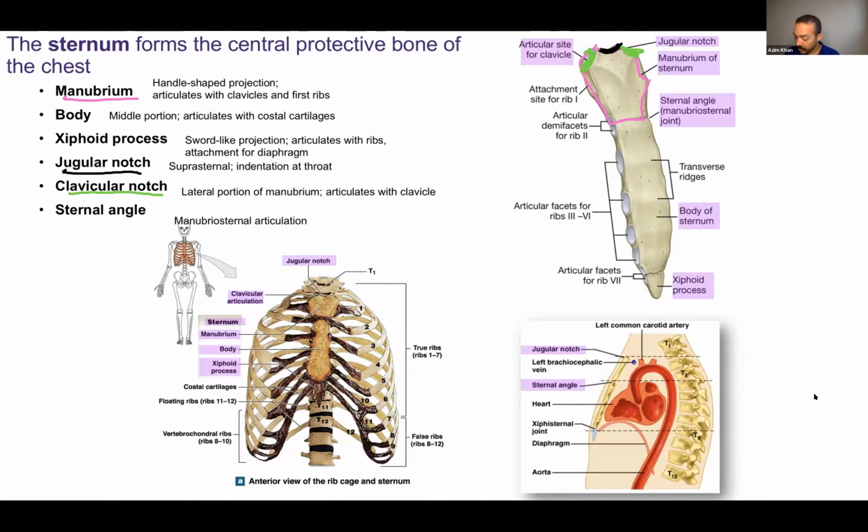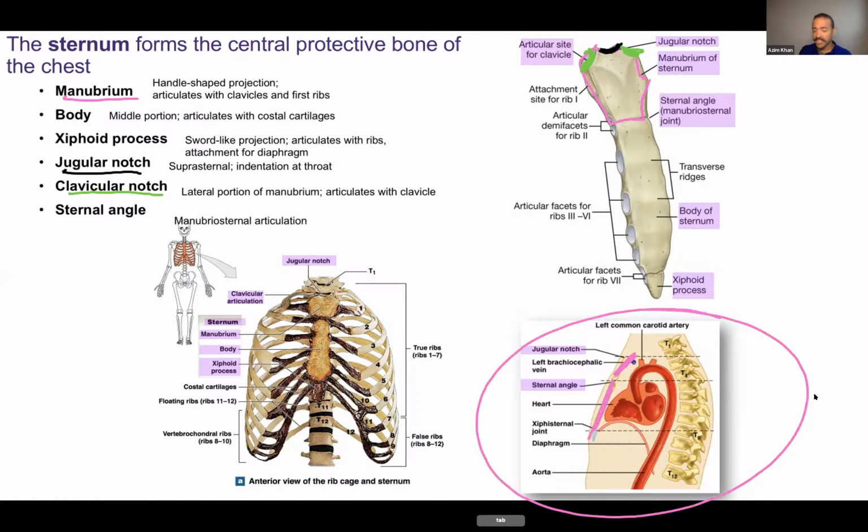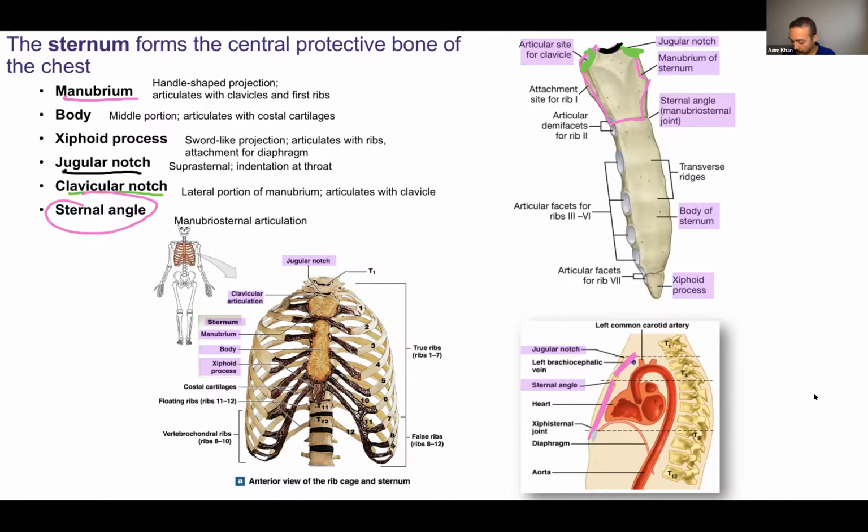The manubrium is kind of at an angle with the rest of the sternum. If you look at this mid-sagittal view, there's a slight angle between your manubrium and the rest of the sternum. That's called the sternal angle. The sternal angle is right here.